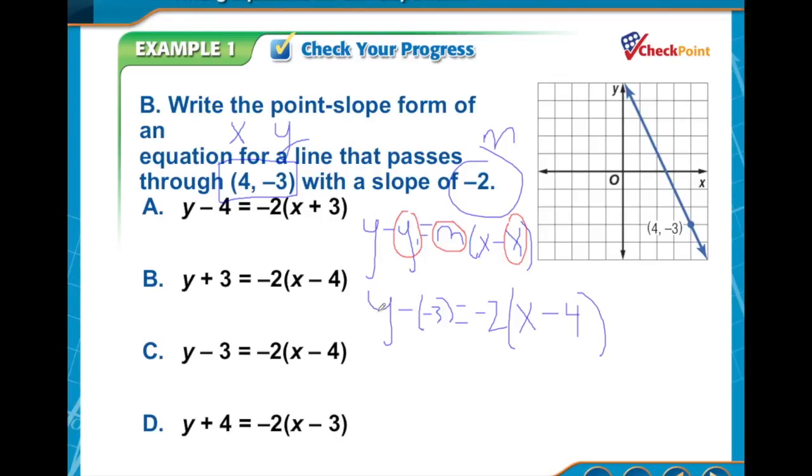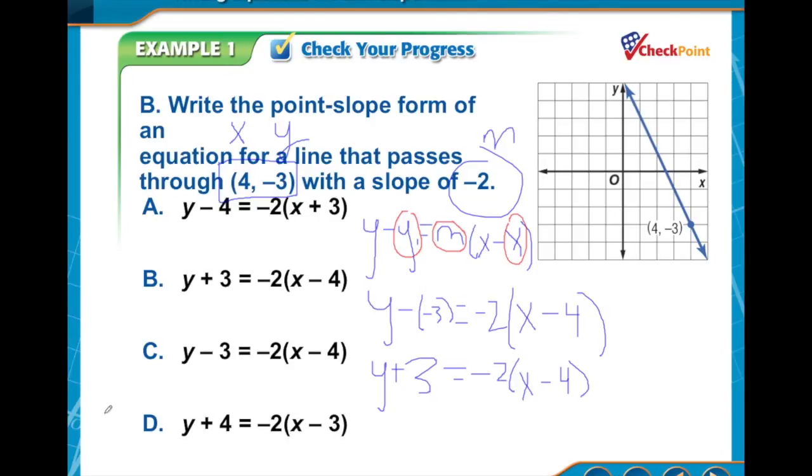So let's change the y minus -3 to simply y plus 3. Everything else will just stay the same, because we want to be able to see the slope and the point given here. So we know our slope's -2, and that point was (4, -3). So we'll leave that there, and this should be our answer.